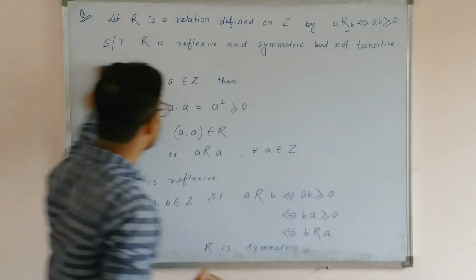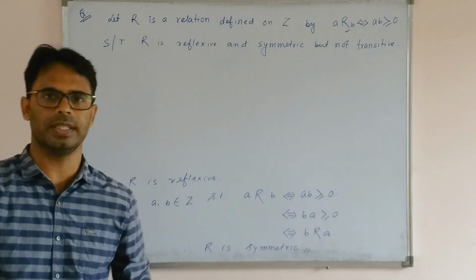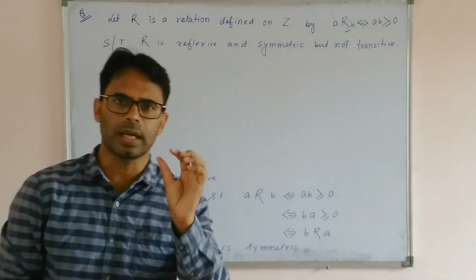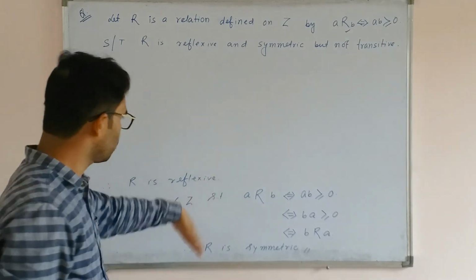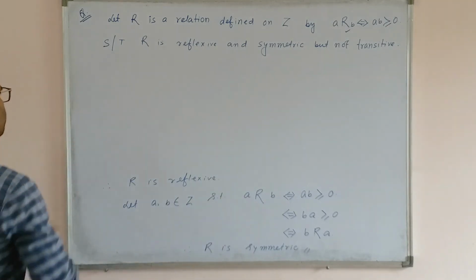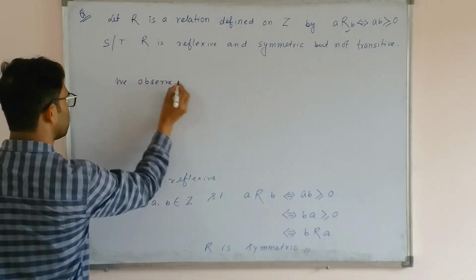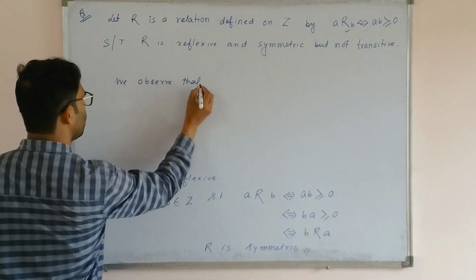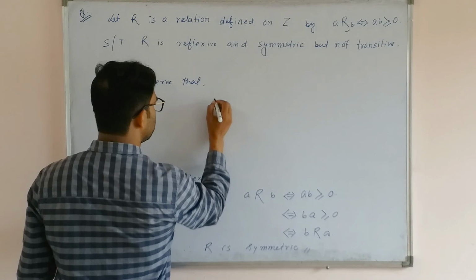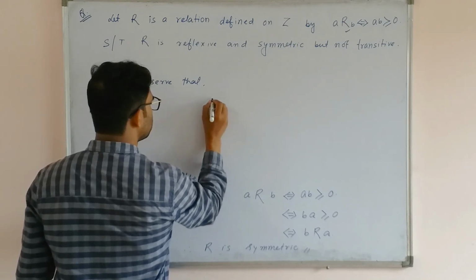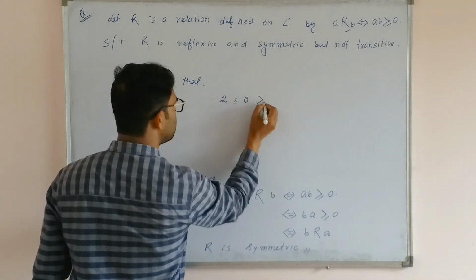Now to show that this is not transitive. Since you have to show it is not transitive, this time you take one counterexample to support the statement. So we observe, third part, that minus 2 into 0 is greater than or equal to 0.